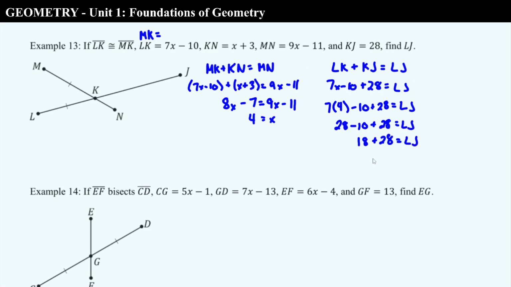And then 18 plus 28 gives us 46. Now, I went ahead and just put in what LK was here. If I wanted to do LK over to the side and then find that value and then plug that in and then just simply have 18 plus 28, that's perfectly fine. Remember, there's more than one way to get to the right place. As long as it's mathematically sound, we're good.